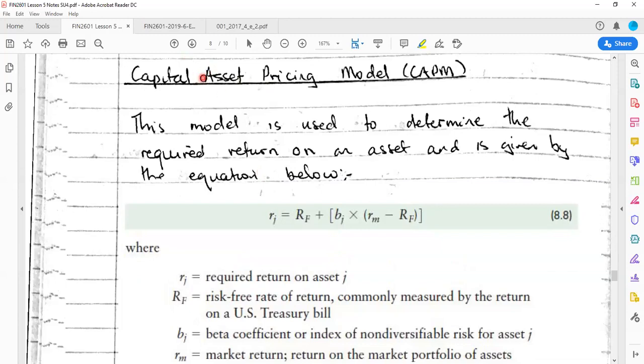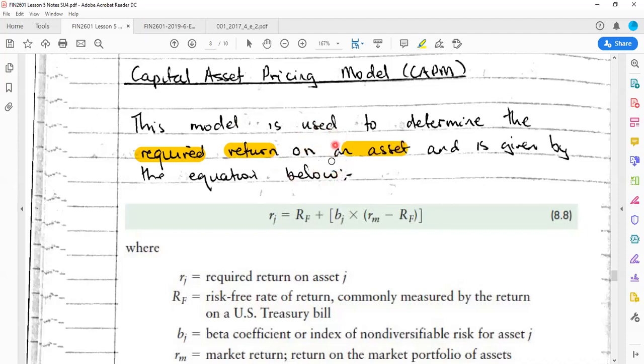Next, I'm going to talk about the capital asset pricing model. This is a model that's used to determine the required return on an asset. Remember, we said that the higher the risk, the higher the required return.